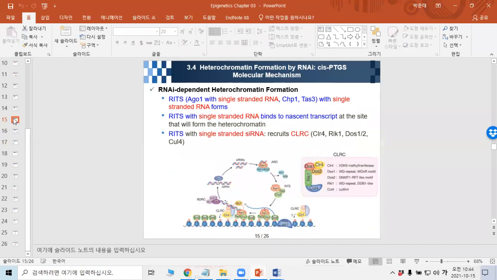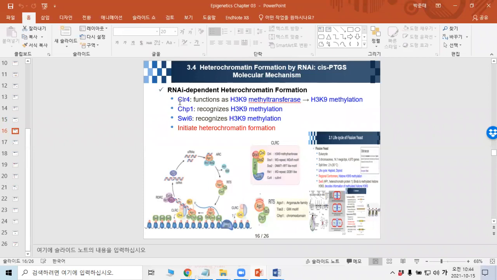Also, finally, they will recruit CLRC. CLRC is composed of CLR4 and other subunits. After that, CLR4 functions as a methyltransferase.